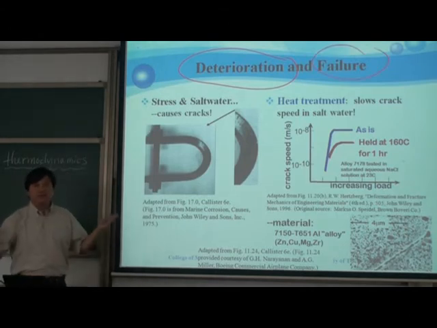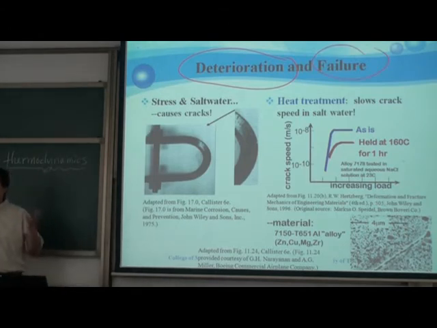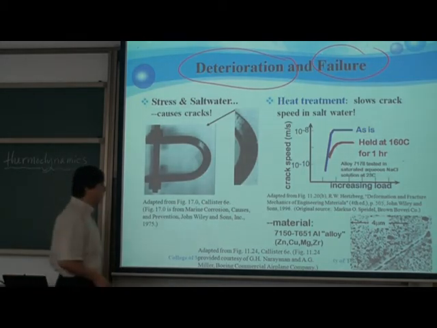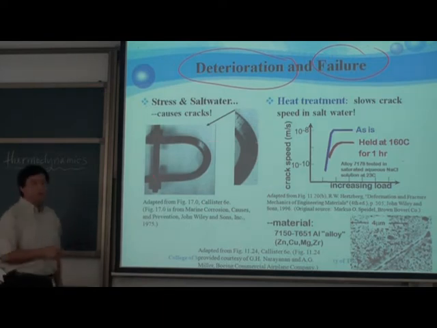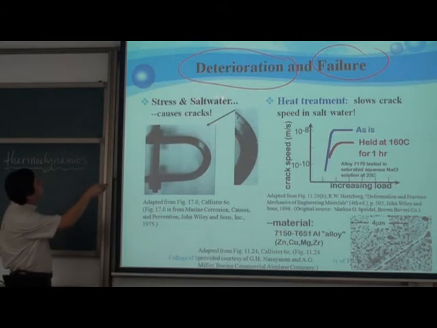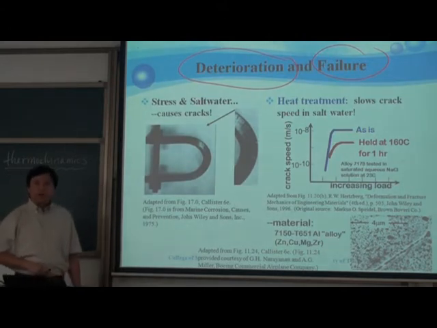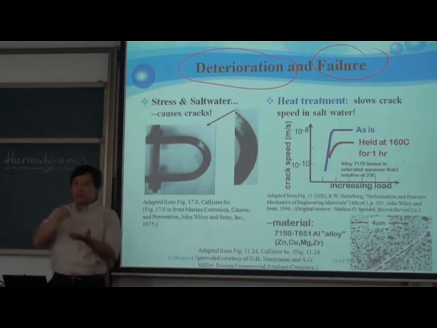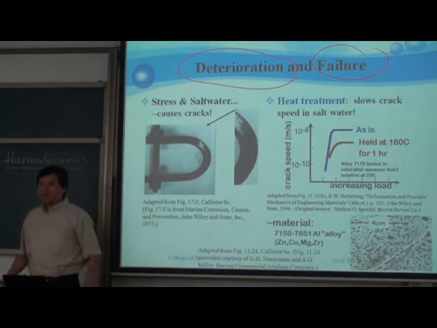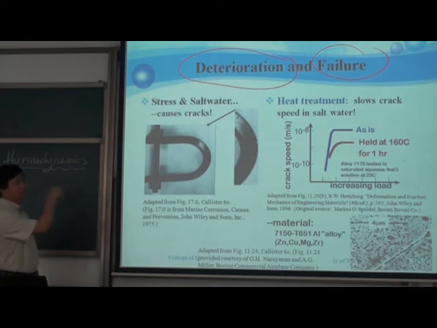Then what is a failure? You just cannot use that material anymore. It fails. It cannot serve the same function as you expected. So let's look at this. This is a steel. If you put steel into salt water under certain stress, there will be cracks on the surface of the material.